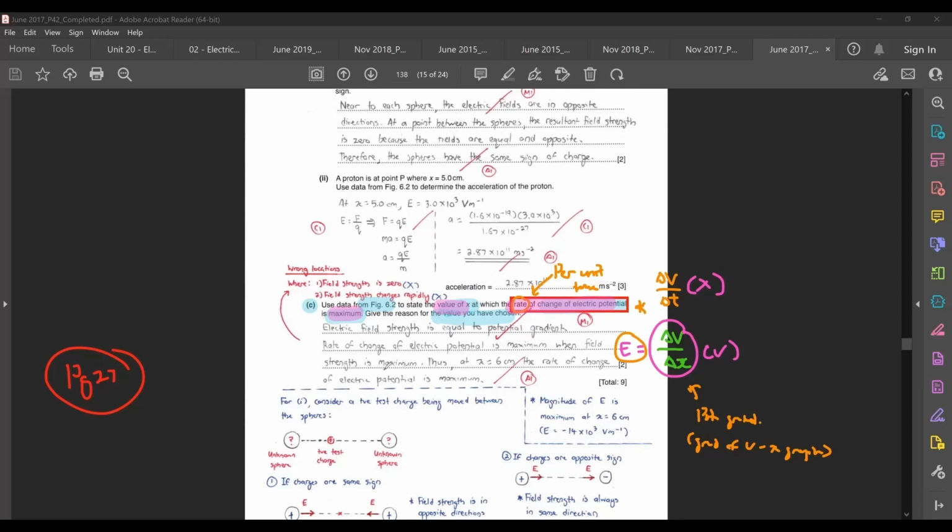So they want you to find out where the rate of change of electric potential is maximum. In other words, where is your potential gradient maximum? That can be inferred from your field strength value.